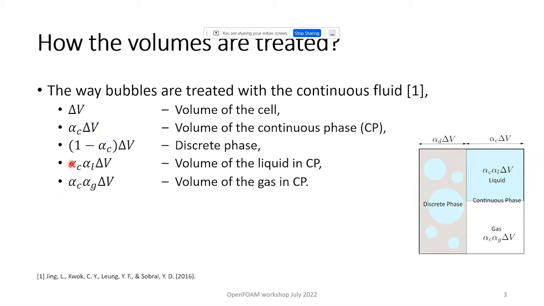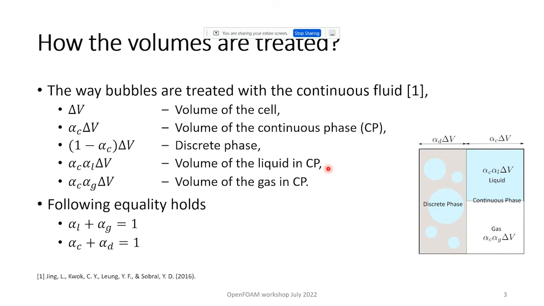If we multiply alpha C by alpha L, we get the volume of liquid in the continuous phase, and vice versa for alpha G. We should be able to get equalities like alpha L plus alpha G equals 1 and alpha C plus alpha D equals 1. This is taken from the paper given below.